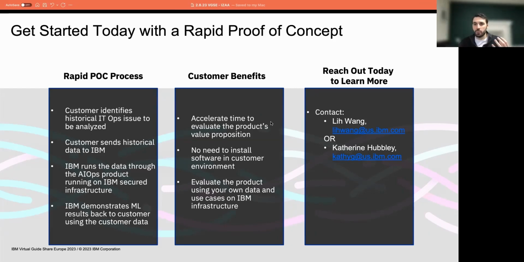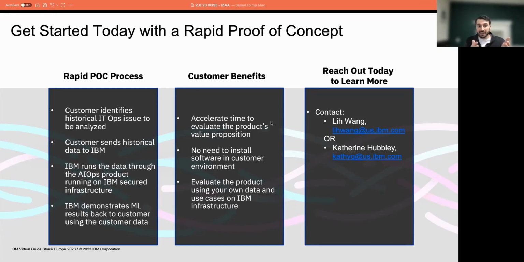And one of the main ways that we can support you with this evaluation is through a rapid proof of concept. Essentially, you're going to need to figure out an incident that happened in the past and identify a time period for which you want to analyze the data, right? And so you can identify this historical IT operational issue.